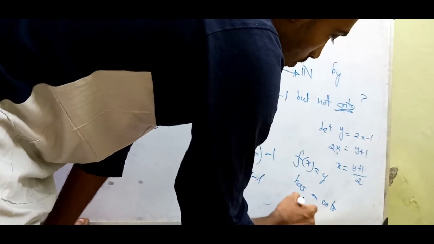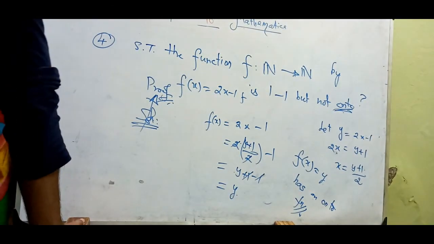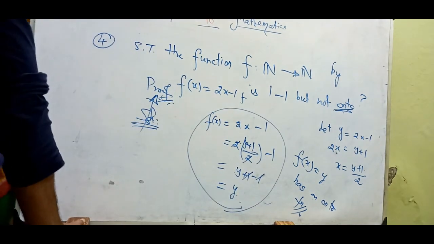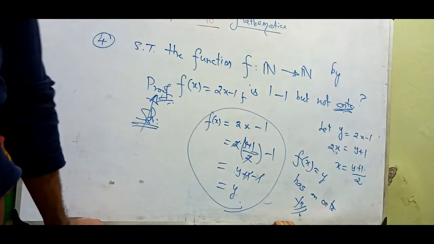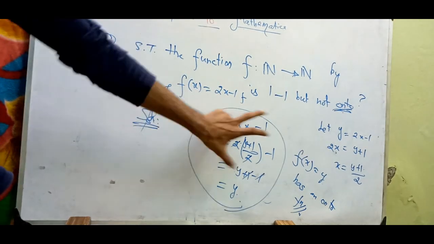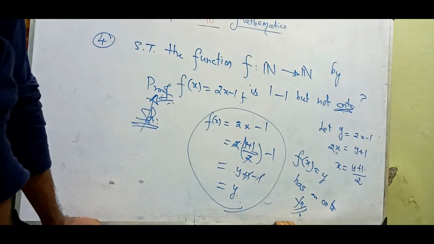It is an onto function. Can you tell why, in the mathematical way, it says that the given function is onto, but we find out in the set manner that it is not onto?